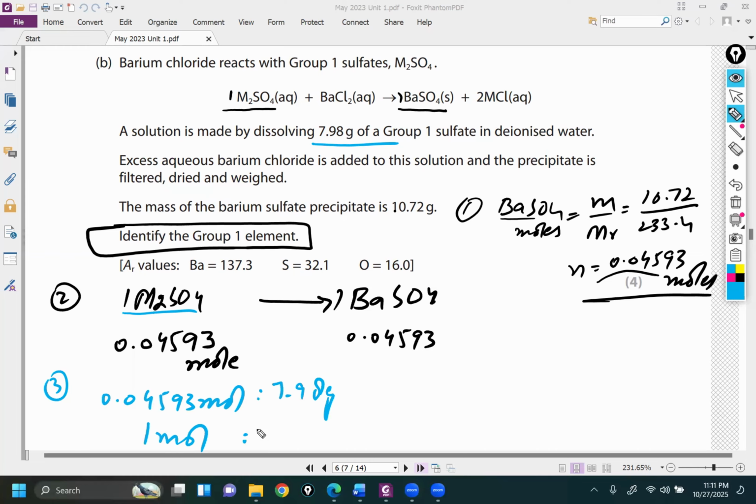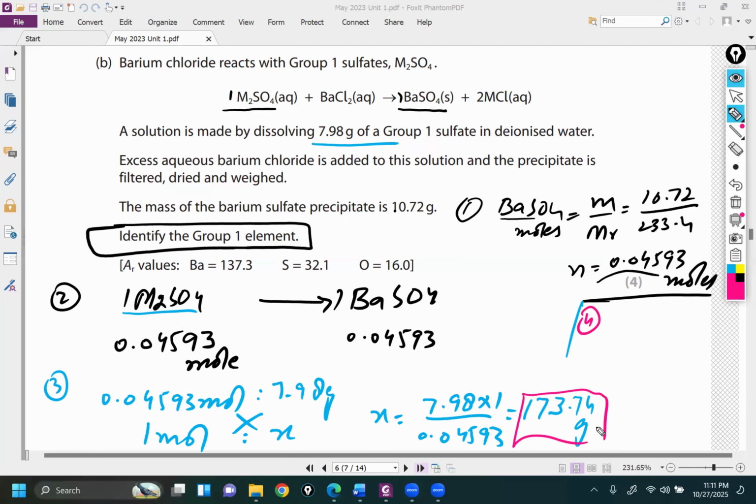You can easily calculate that X is equal to 7.98 divided by 0.04593, and your answer will be 173.74 gram. That is the third section. Now the fourth one. You can write in different colors so you can get an easy idea. This is the MR now of 1 mole of M2SO4.